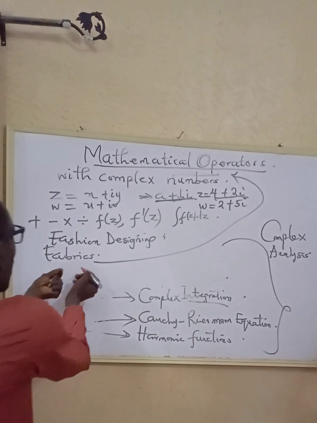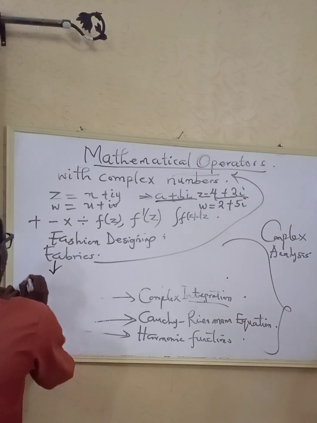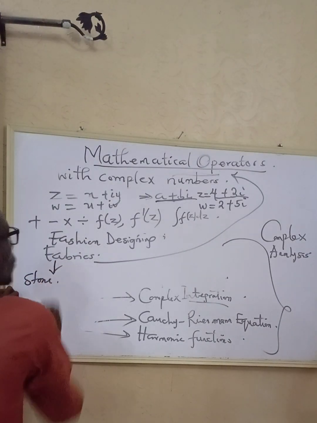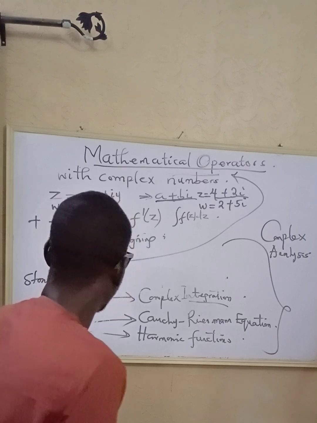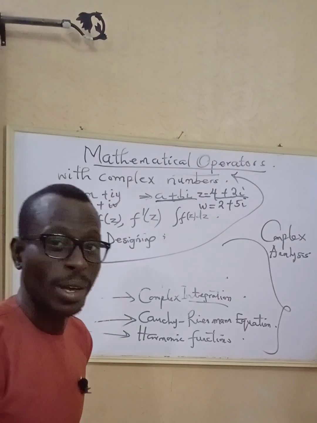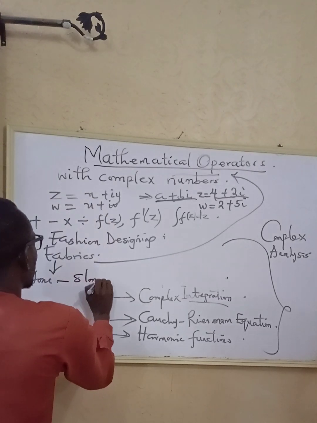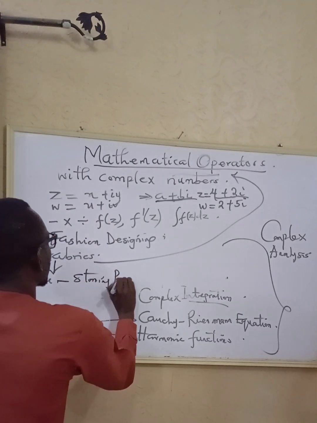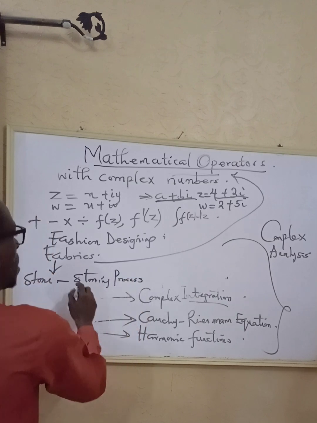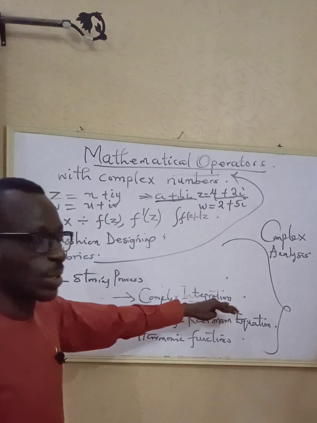So the application of stone to a fabric, that stone being part of that work, leads us to the stoning process, which is the same thing as the application of that tool leading to complex integration.